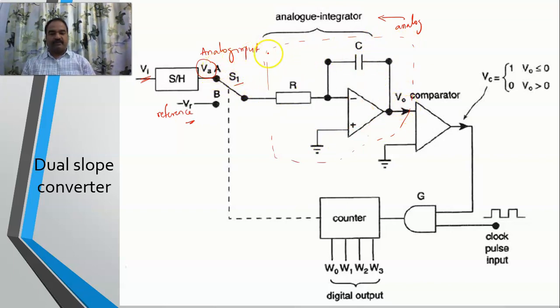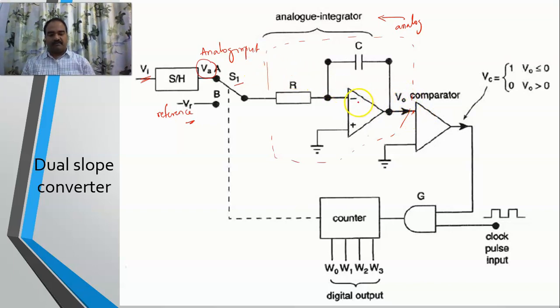This is the analog input which has been provided. This voltage is present at the integrating terminal, right? So your output voltage will be negative in nature.